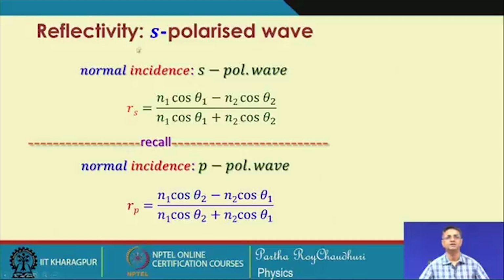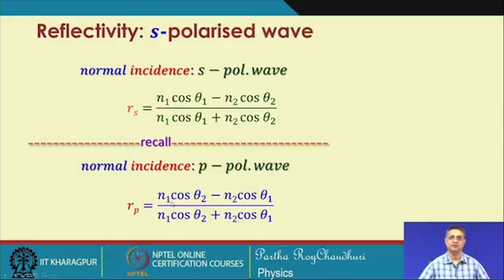For normal incidence of the S polarized wave, this is one very interesting case. We can use cosine theta 1 equal to 1 for normal incidence, and then we arrive at a relation that for normal incidence the reflection amplitude coefficient will be n 1 minus n 2 by n 1 plus n 2.